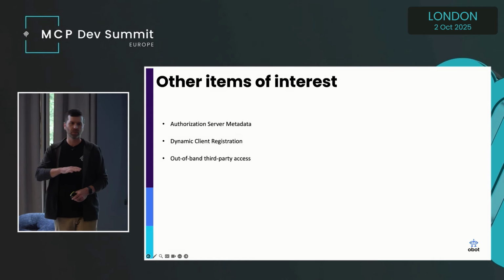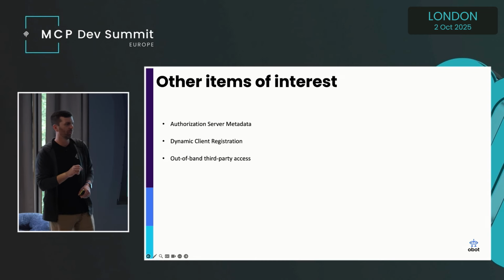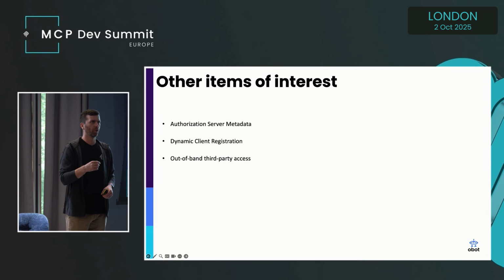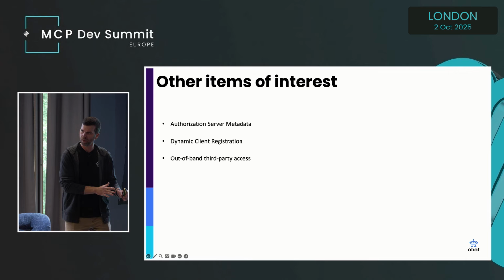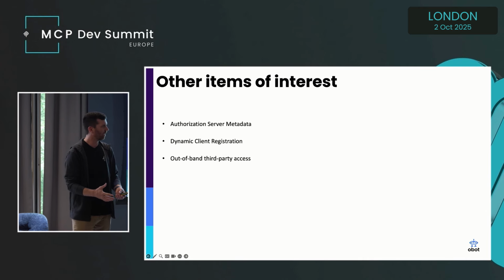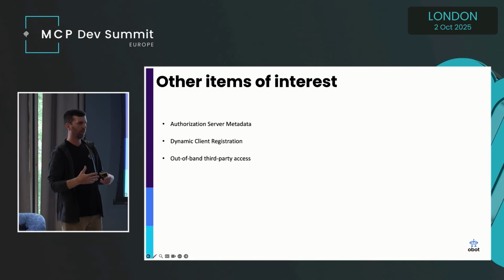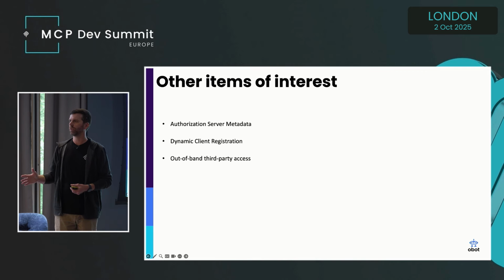Out-of-band third-party access, that one is a big deal. All this OAuth stuff, the token that the client ends up getting is just to authorize you to that MCP server. That MCP server is not supposed to use it to make other requests, right? Again, GitHub is special because GitHub controls its entire lifecycle. But in other situations, that's not true, and it's insecure.